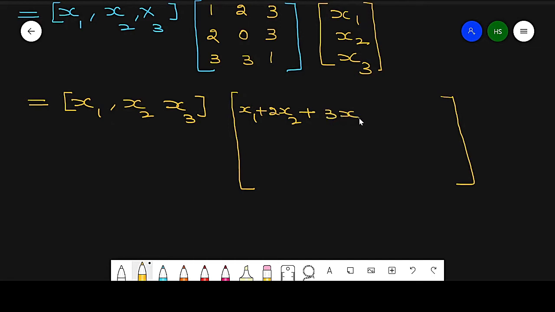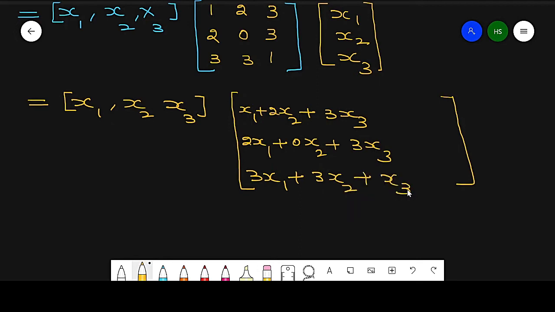Second is 2x1 plus 0x2 plus 3x3, and third is 3x1 plus 3x2 plus 1x3.